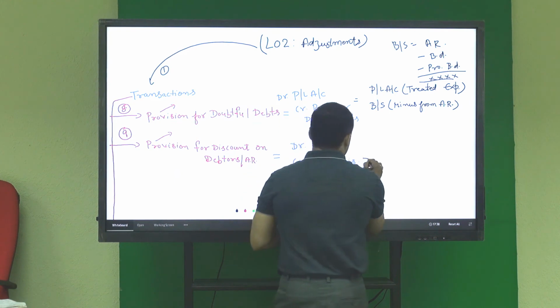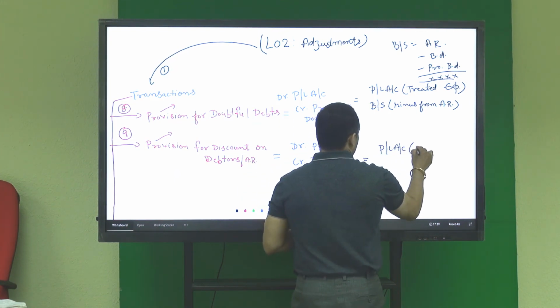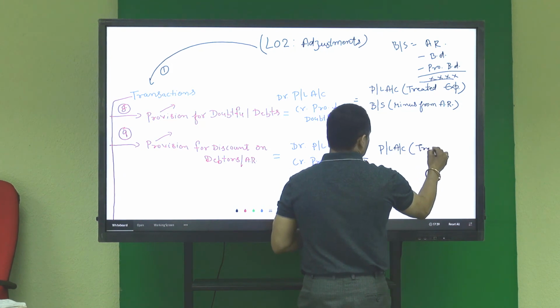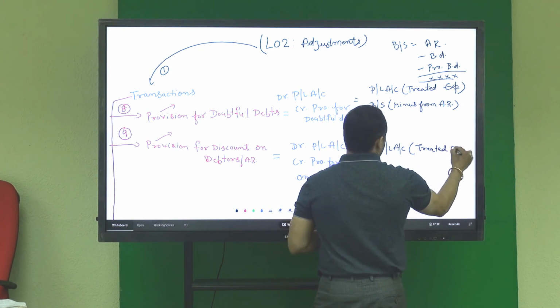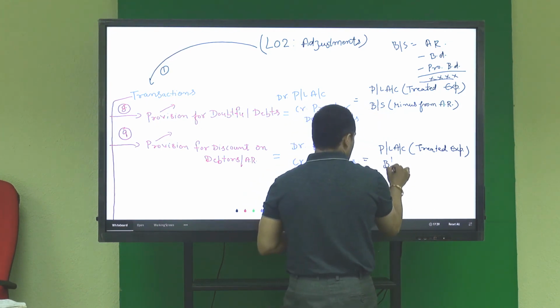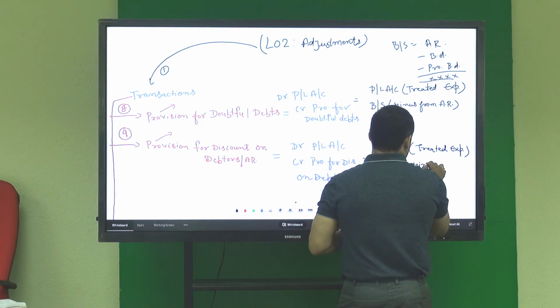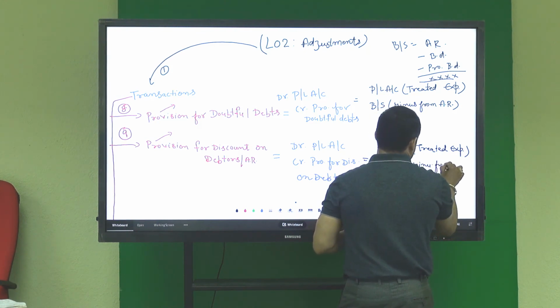So the treatment will be in your profit and loss account. It will be treated as an expense. And in your balance sheet, it will be subtracted from accounts receivable.